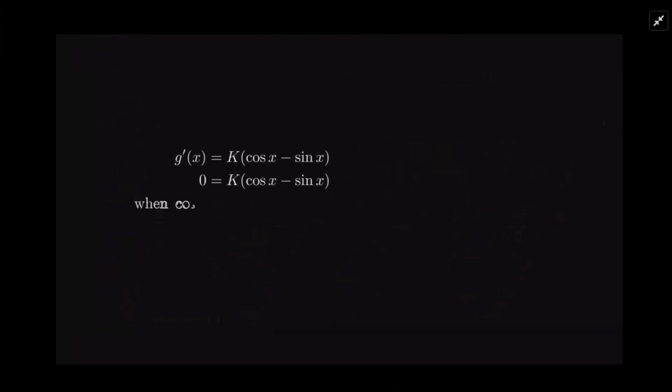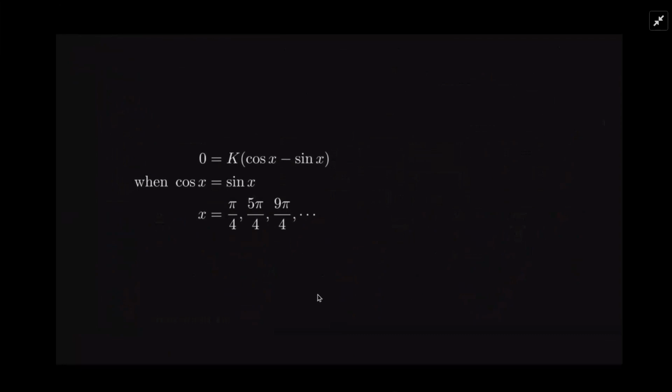Solve for x. They are equal in the first quadrant at pi over 4, and in the second quadrant at 5 pi over 4, and every pi, so we're just adding pi, and it goes on. So to get the period, we can take the difference.